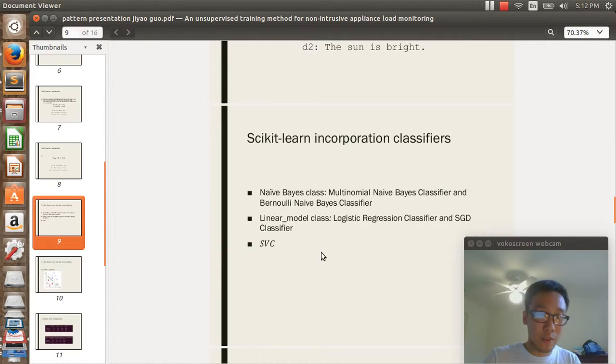For the first one, the naive Bayesian classifier, what is naive Bayesian? The key assumption of naive Bayesian is that we have our input data and our training data X, where X is a d-dimensional value. What's the value of d?